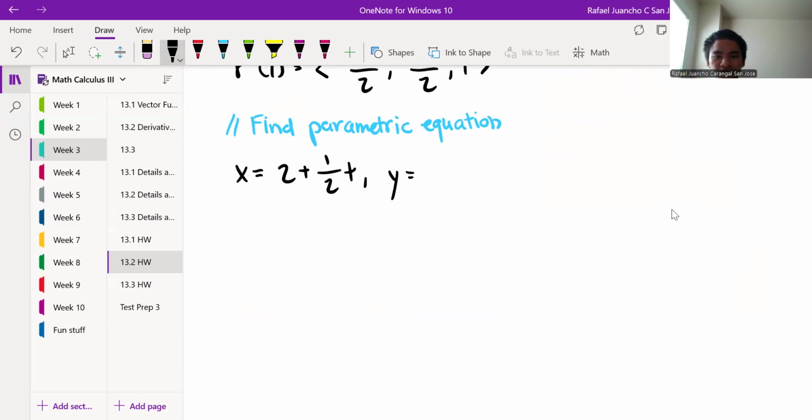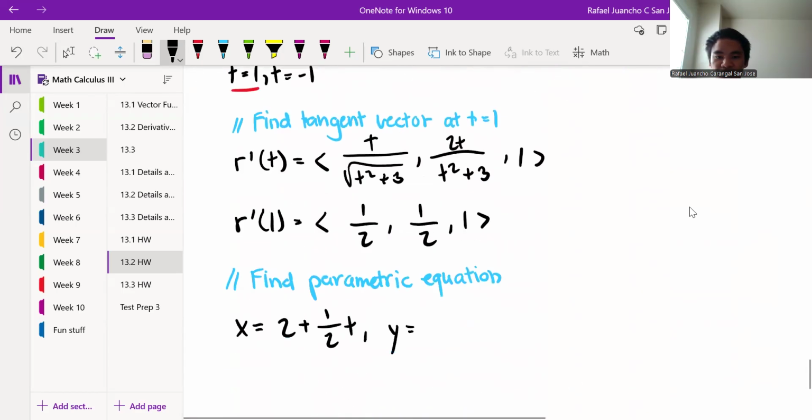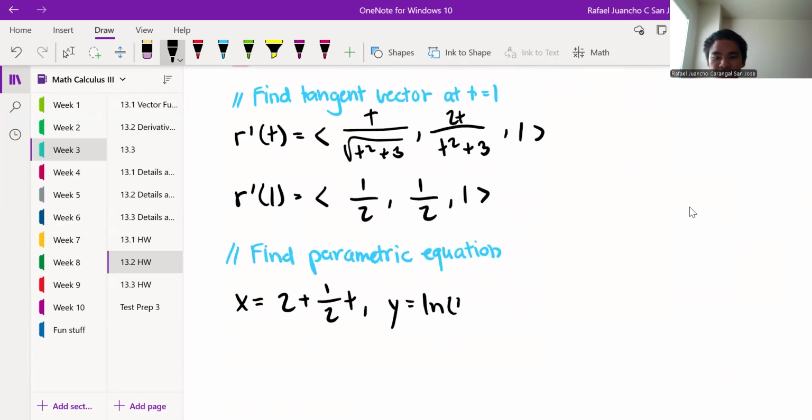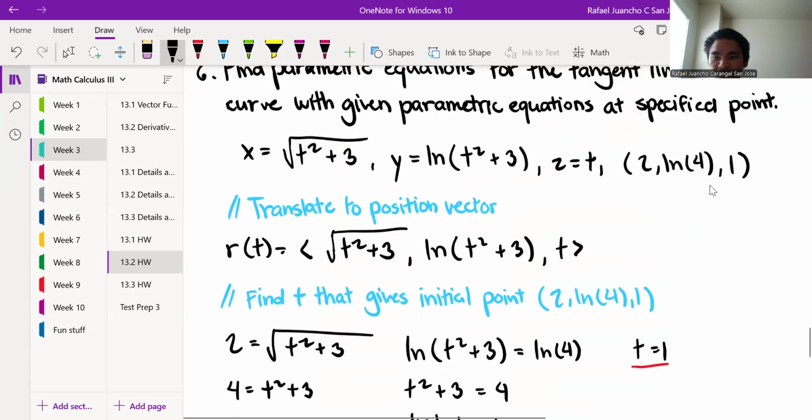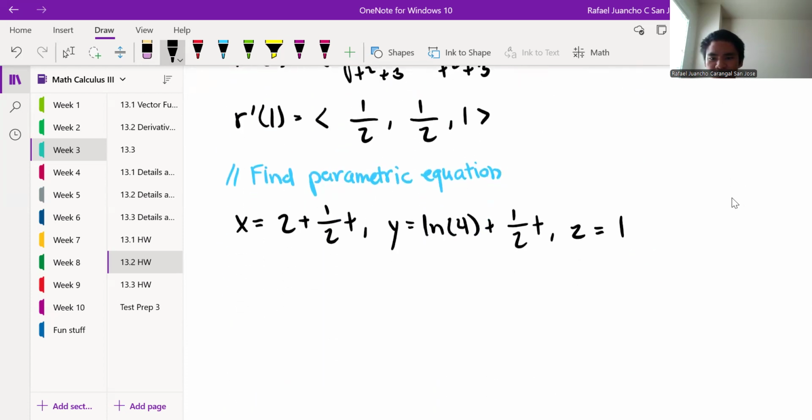Then y equals ln 4, I keep forgetting, we add that to 1/2 of t again. And then we have z, which is 1 plus 1t, so that's just 1 plus t. And there we have it.